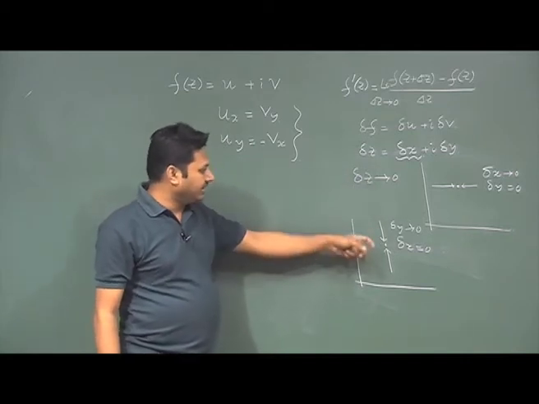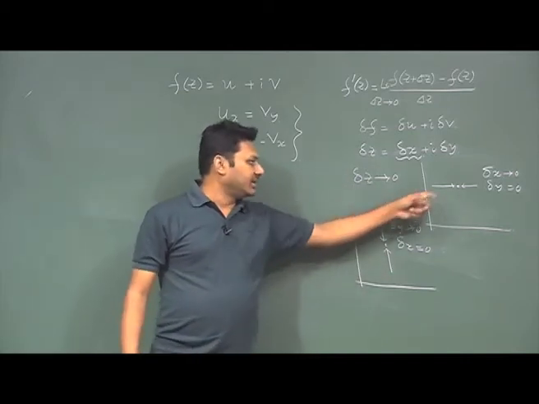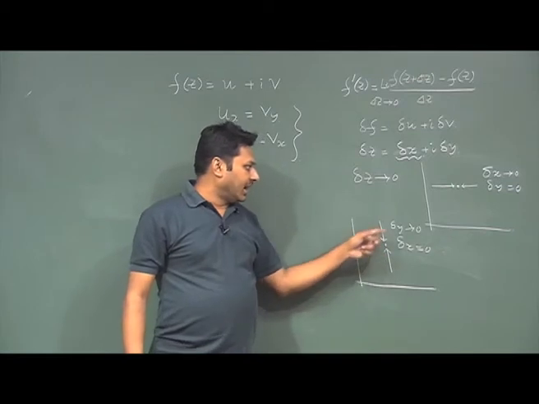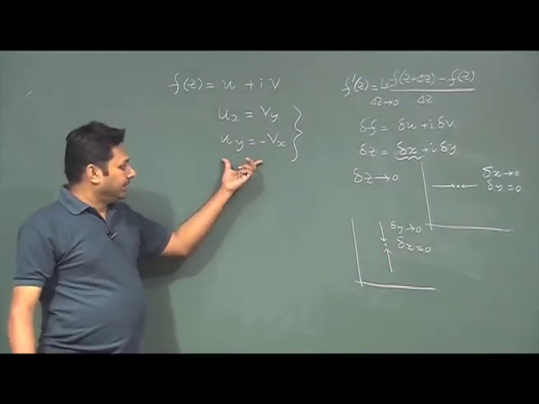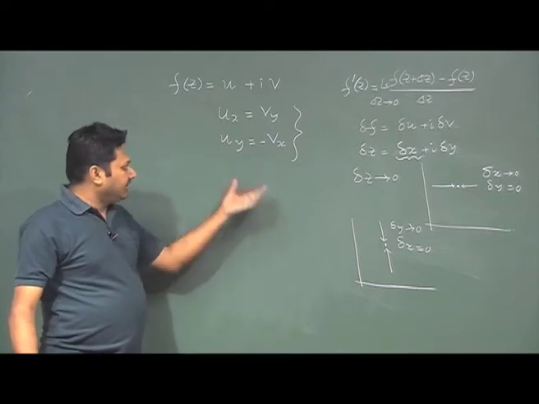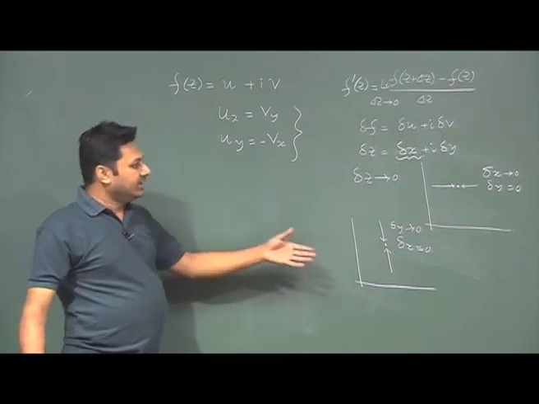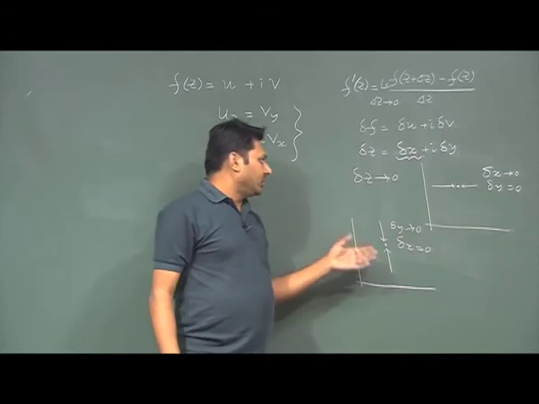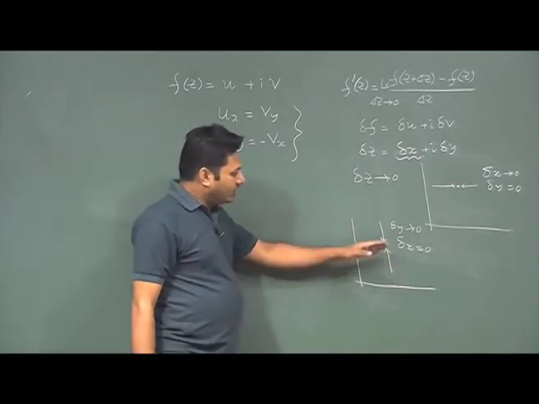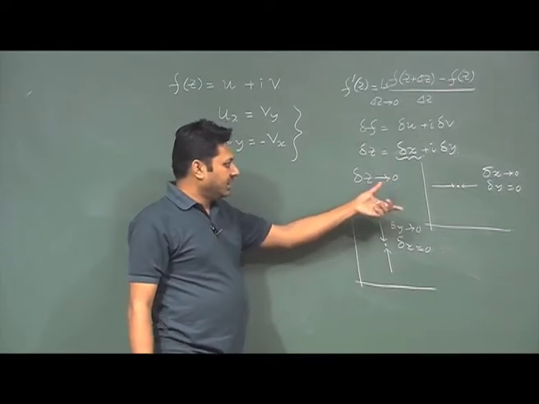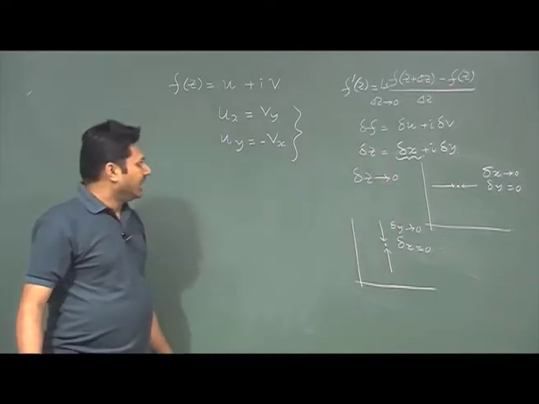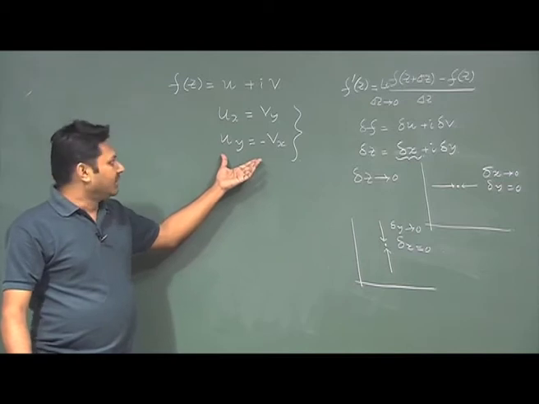In order to satisfy this limit, I took two preferred conditions, and when I did that, I derived this equation. But the question is, does this way really give you the total picture? Because I ignored all the other approaches, took two preferred directions, did the calculation, and from that I got this expression.